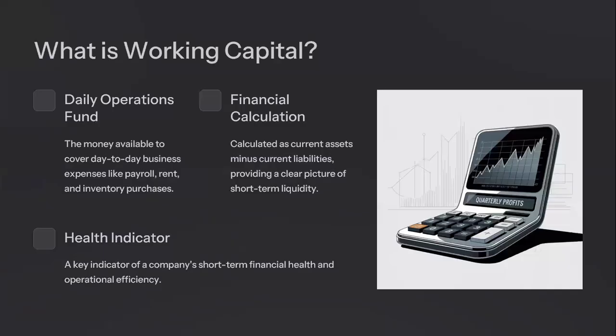So let's revise working capital. Working capital is the money which is required for my daily operation needs. It is a health indicator about my production cycle and my future needs.